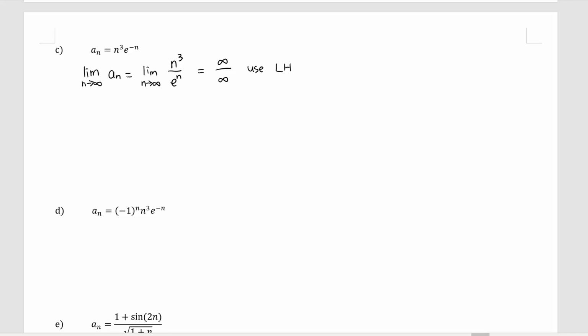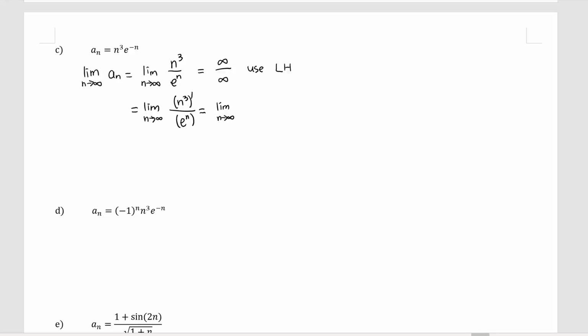L'Hopital's rule. We use L'Hopital's rule when we see 0 over 0 or infinity over infinity. L'Hopital's rule tells us that this limit equals the derivative of the numerator over the derivative of the denominator.